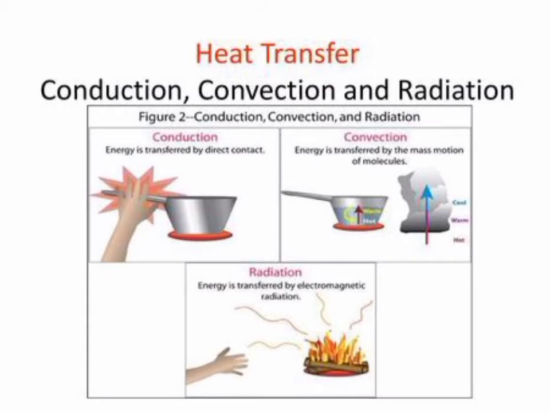These molecules are always vibrating or moving around, transferring heat energy from one molecule to another. That is what happens when you place an object in a hot object, and you realize that the end of it is getting warmer with time.